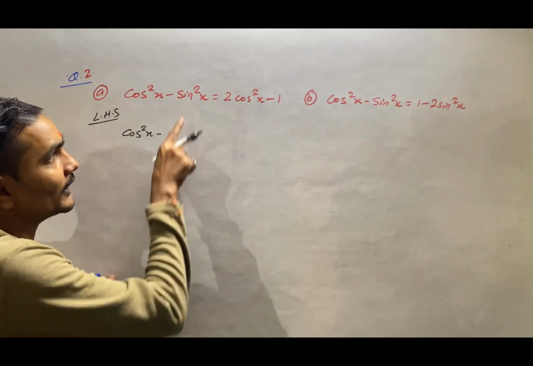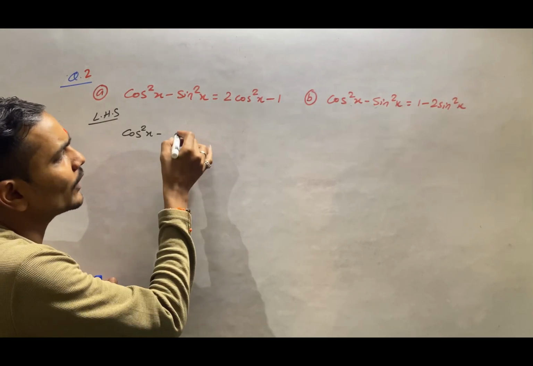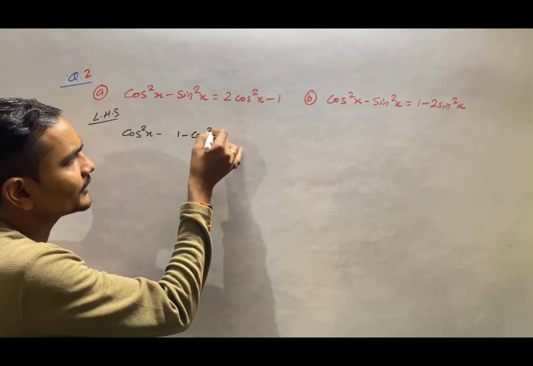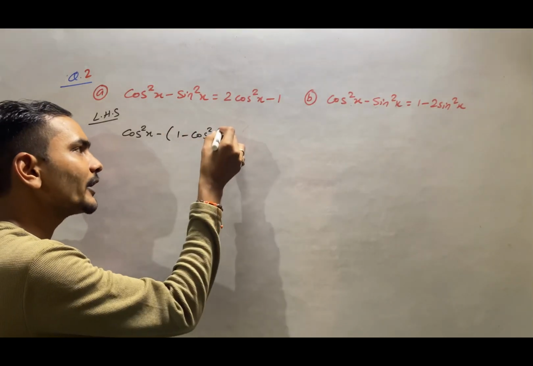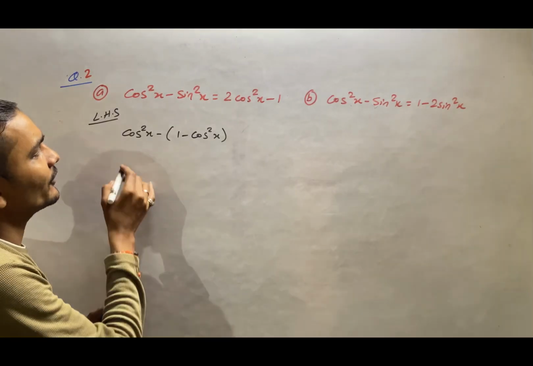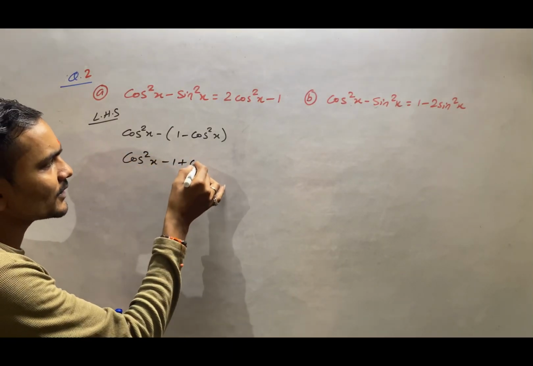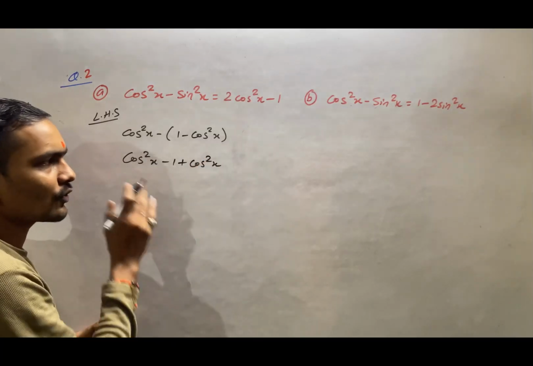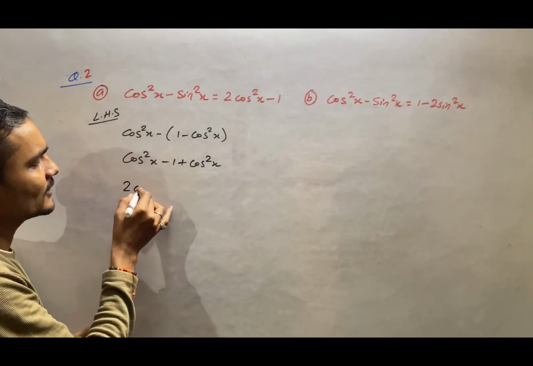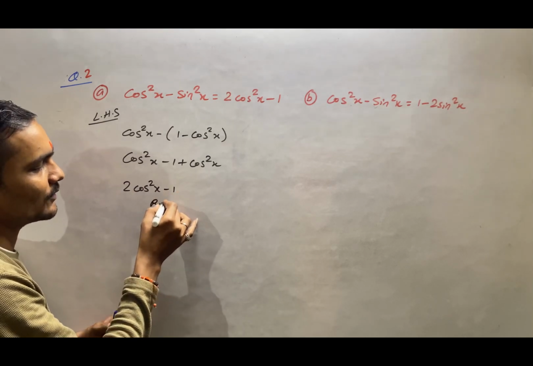Remember one thing, while you are writing 1 minus cos square x instead of sine square x, you have to make a bracket. Now when we open the bracket, we get negative 1 plus cos square x. So cos square x plus cos square x is 2 cos square x, minus 1 as it is, that is equal to RHS.